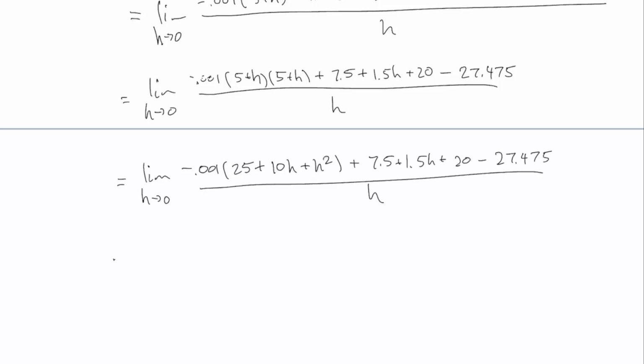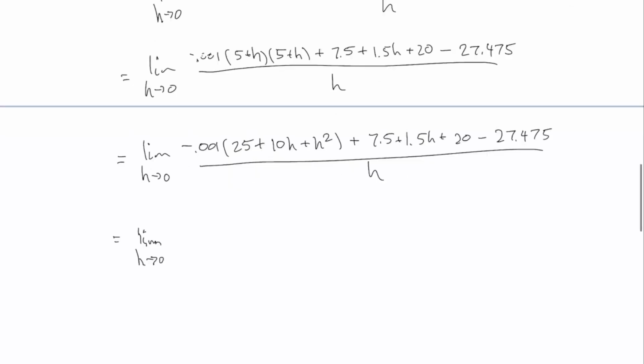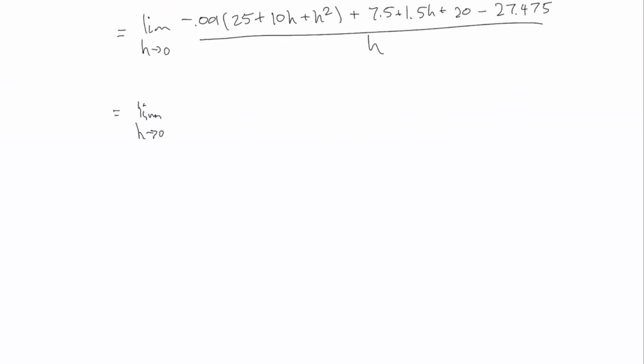And then the last expanding step is distribute the negative 0.001 there. So it's minus 0.001 times 25. That makes minus 0.025. And 0.001 times 10h just means I shift the decimal point 3 positions to the left, so 10h becomes 0.01h.